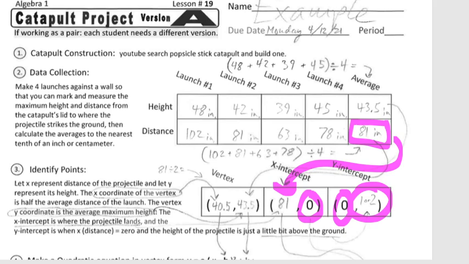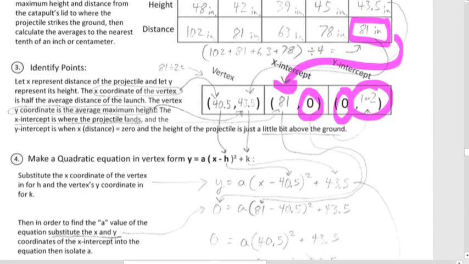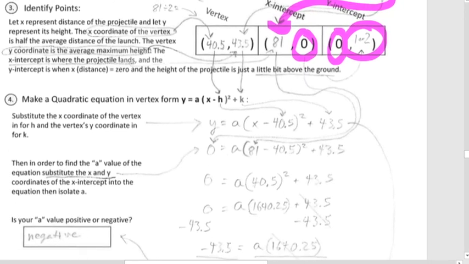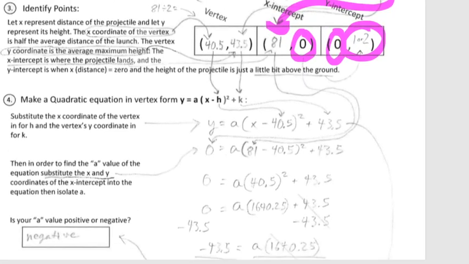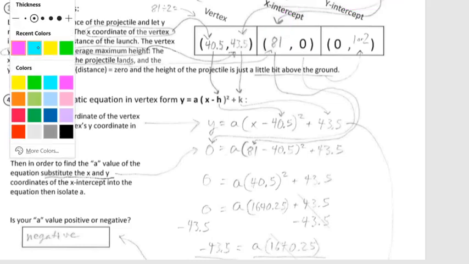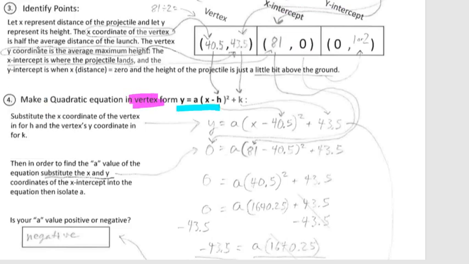So with those 3 points identified, we can start plugging in those points to come up with our equations. If you're doing version A, you'll notice it says vertex form, and it gives you a little bit different equation right here.